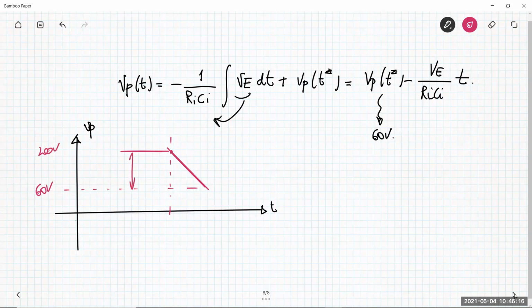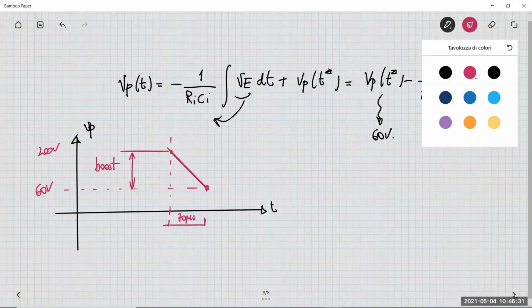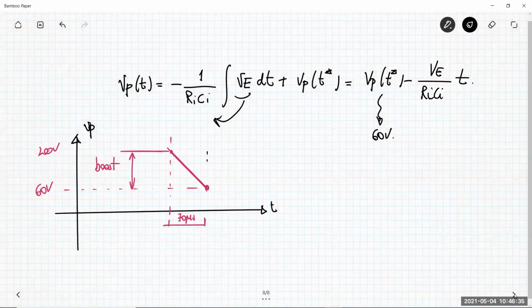Then at 70 microseconds the boost action is no more effective. Then the Miller integrator is operated, with both switches left open here. Then we have this expression, which gives a linear variation of the voltage VP.